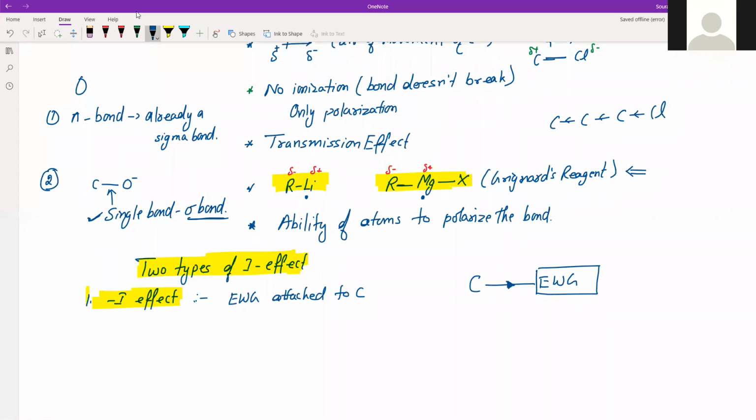Due to that, carbon will have a partial positive charge, and this electron withdrawing group will have partial negative charge. The electron cloud is going away from the carbon, and that's why we'll say that this is minus I effect.